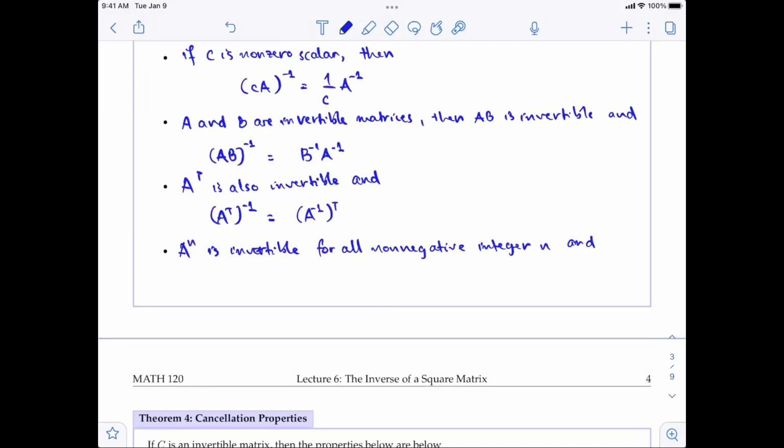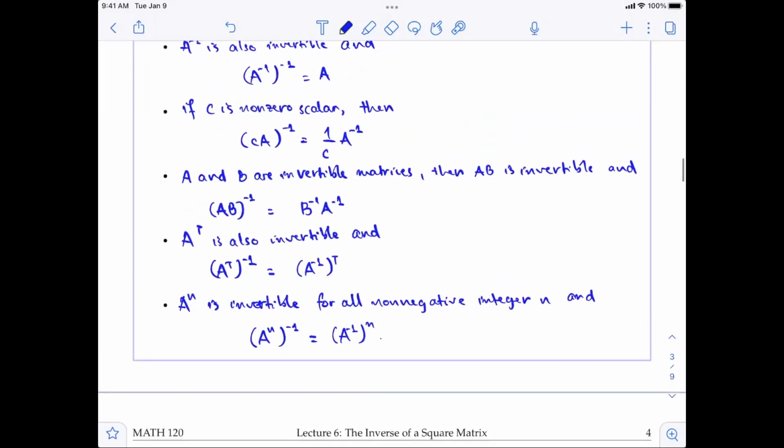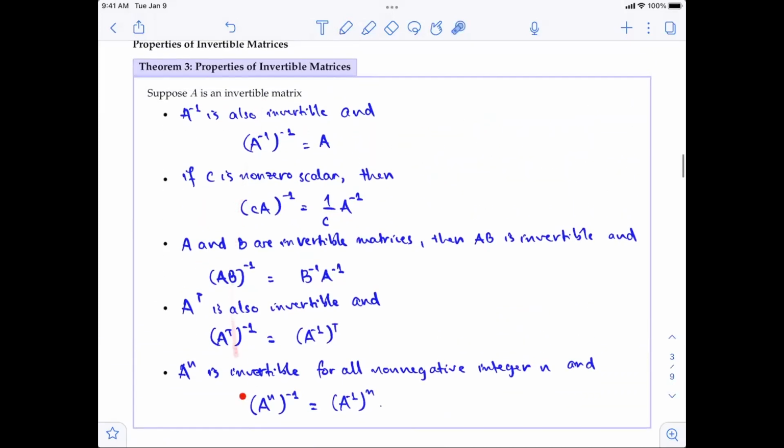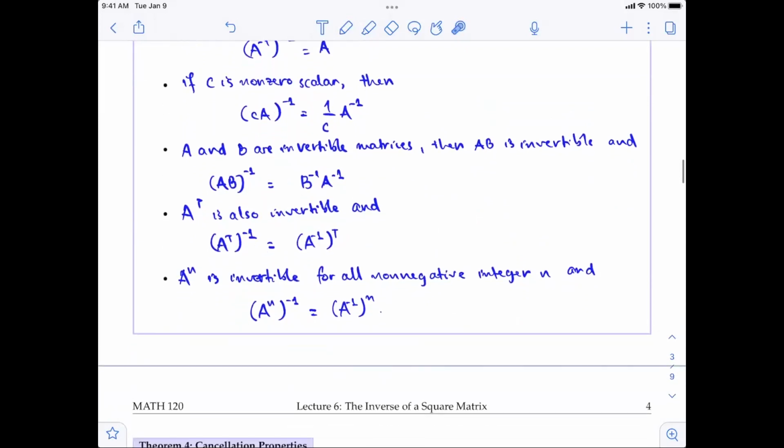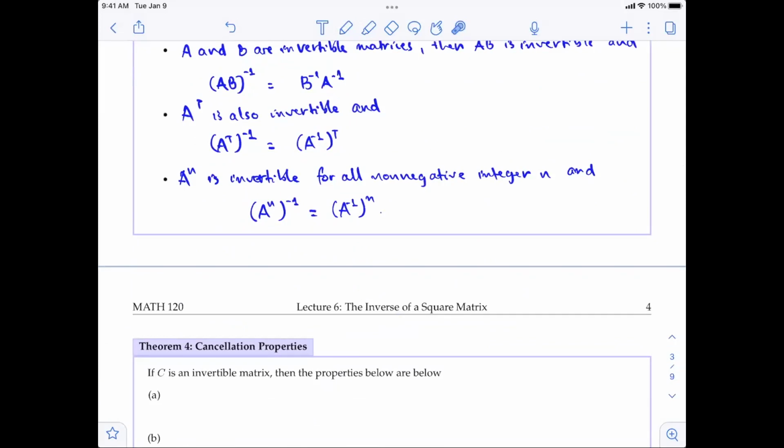And the inverse of A to the power n is equal to A inverse raised to the power n. So these are the properties that you may want to know for invertible matrices, right? Keep in mind, at some point we're going to use that to solve some problems. Okay.